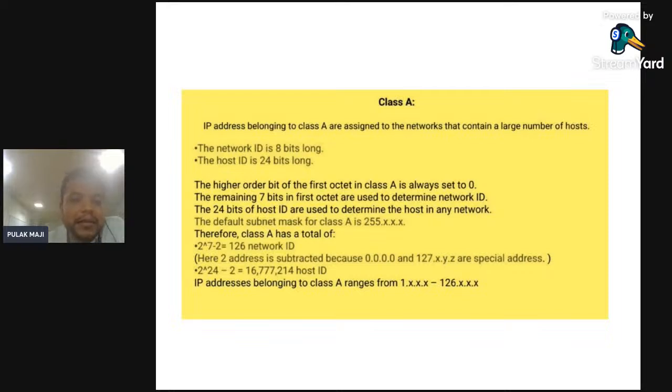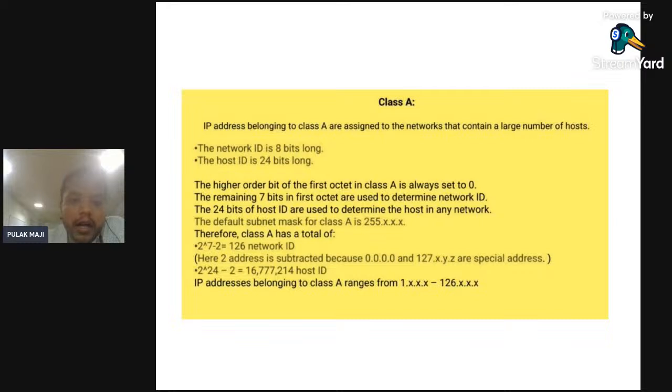This organization decided that 0.0.0.0, the first network ID, we cannot use; it is reserved. And the last address, 127, we also cannot use because we use it as a loopback address. Loopback address means it is used just for testing and diagnosis purposes.